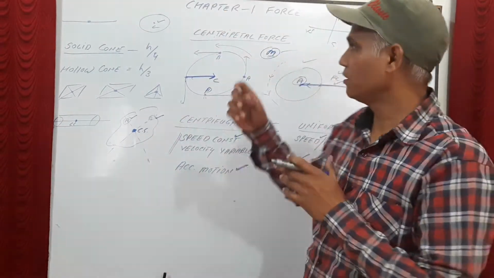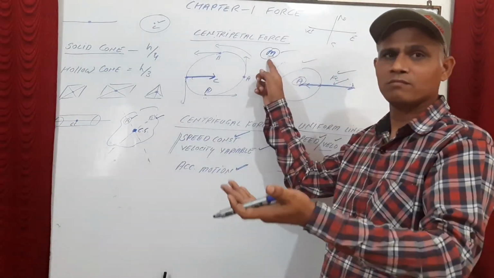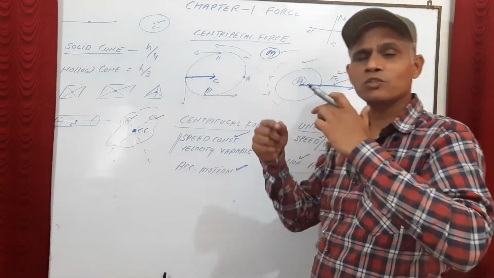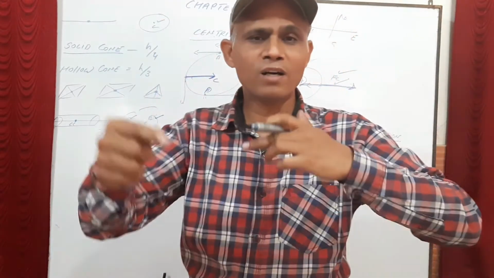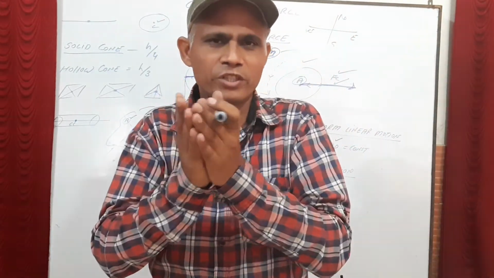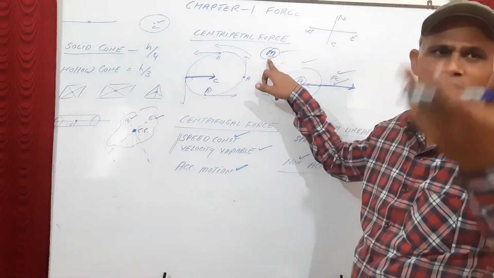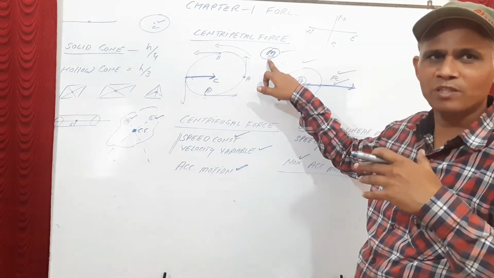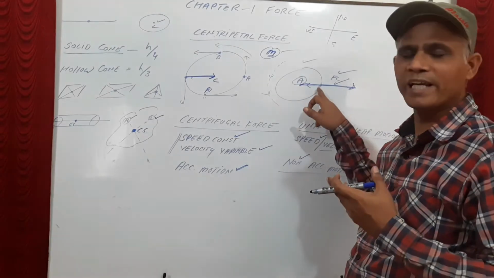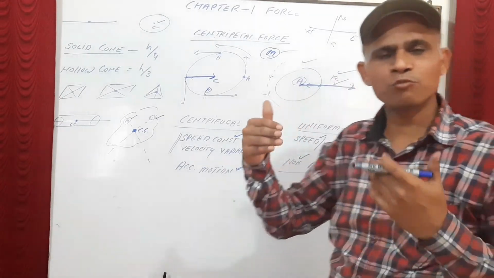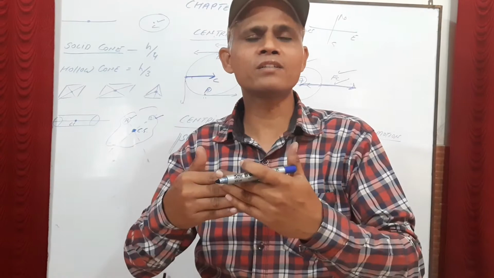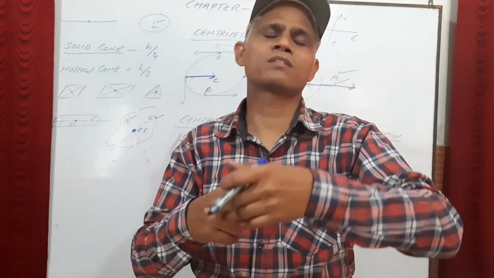But for the second person, who is outside the merry-go-round, the stone is moving in a circular path. So these two observations contradict each other. The person outside will explain this observation as due to tension, a centripetal force acting on the stone, due to which the stone is moving in a circular path.